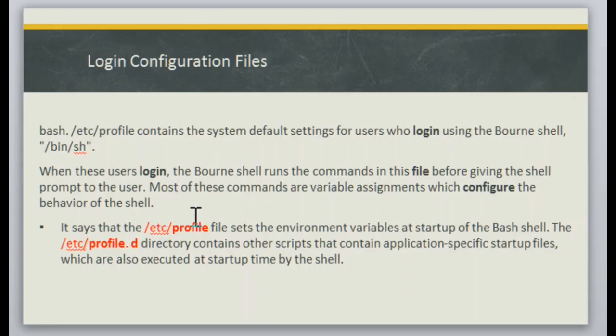So it says that /etc/profile sets the environment variables at startup of the bash shell. And the /etc/profile.d directory contains other scripts that contain application-specific startup files, which are also executed at startup by the time of the shell. So if we add things, we're going to be putting it in this profile.d, okay? And the system will run that as well in combination with this file and set up the environment appropriately.